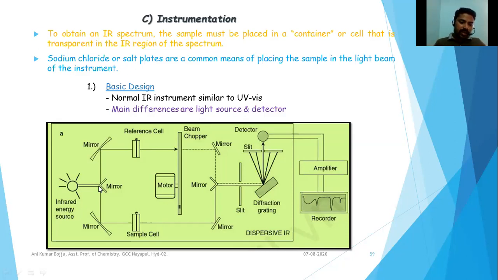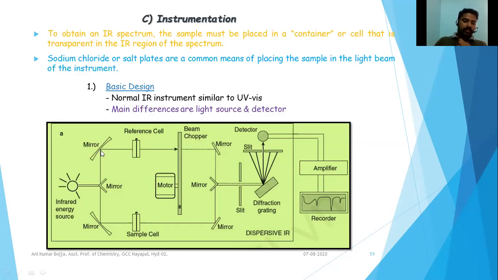The mirror is prepared in such a way to split the beam into two streams, and after the reflection, the infrared radiation again hits another mirror at the top side and bottom side. So the setup is made in such a way as to pass the radiation through the reference cell as well as through the sample cell.